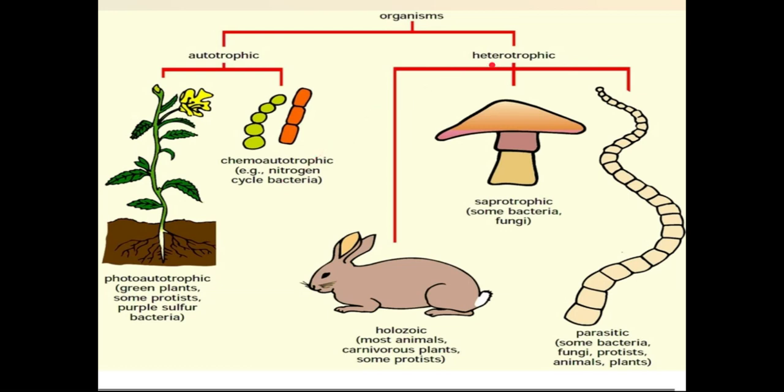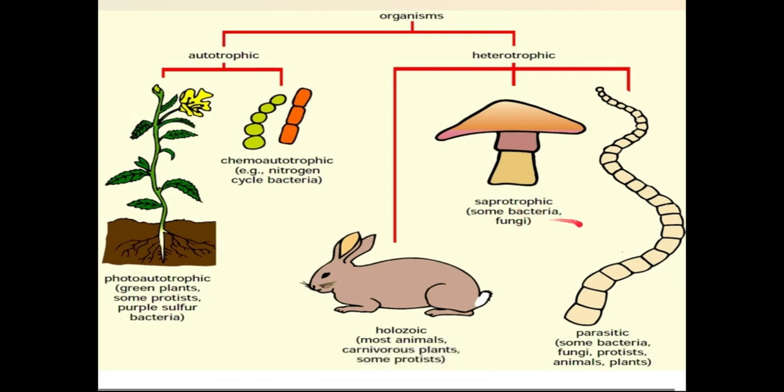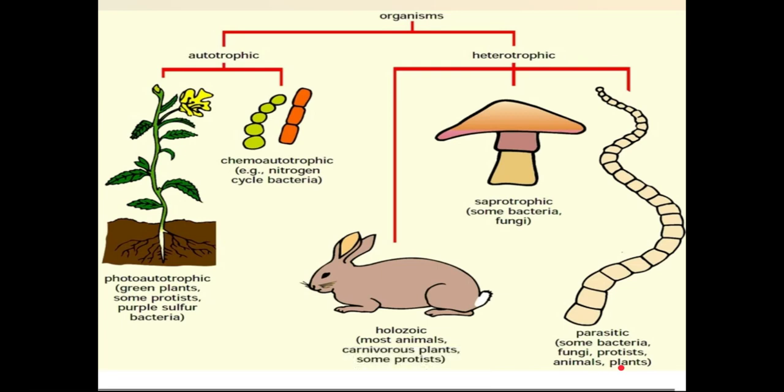Now, the heterotrophic mode of nutrition: the holozoic organisms are here, like rabbit, rat, dog, etc. Saprophytes: bacteria and fungus. Parasites: bacteria, fungus, protist, animals, plants. We have discussed one plant, that is Cuscuta, Amarbail.